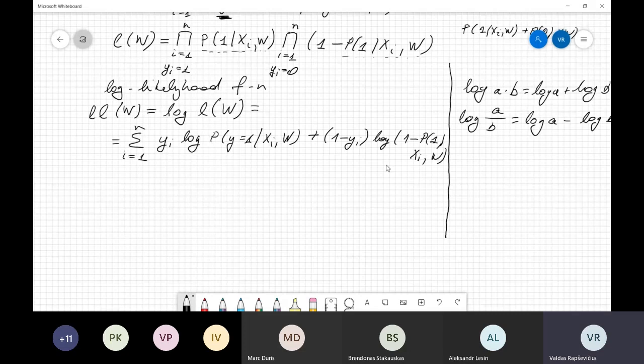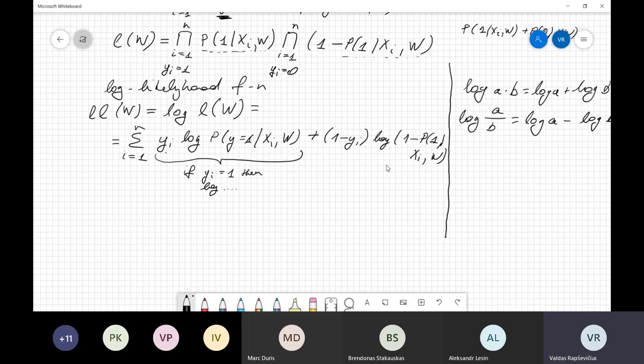Okay, so basically we have expressed this as the sum. So what we have now, this part of the term: if yi, the actual class, equals 1, then you just multiply by 1, then log, and that's it.